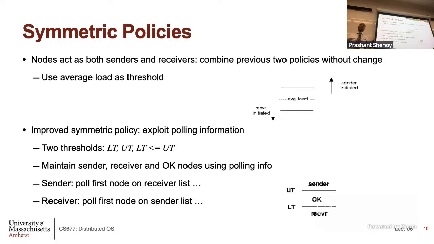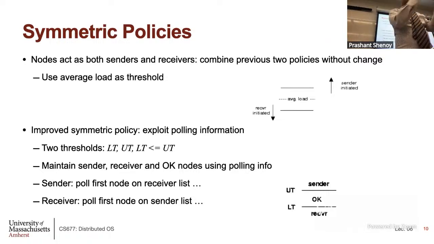Senders are going to try to send work. They're going to go looking for a lightly loaded machine, trying to offload work. Receivers are going to go hunt for work. They're going to go around looking for a machine to offload work and so on. And both senders and receivers can poll, figure out the load on other machines, ask them to send work or accept work, depending on whether they're sender or receiver.